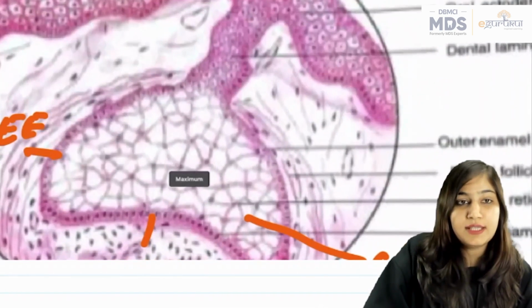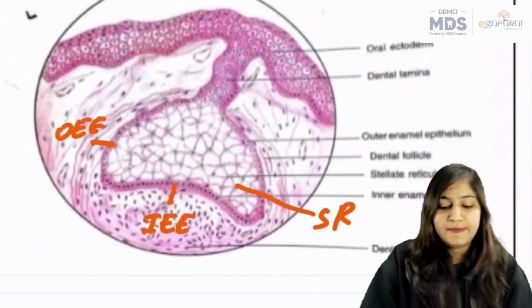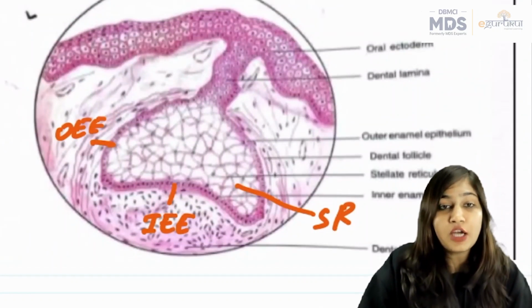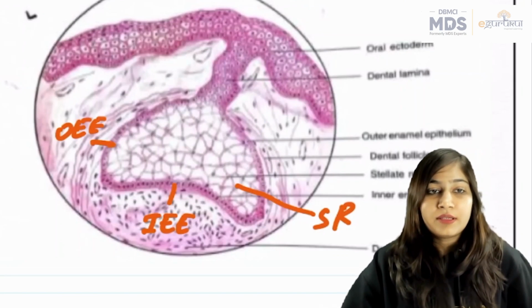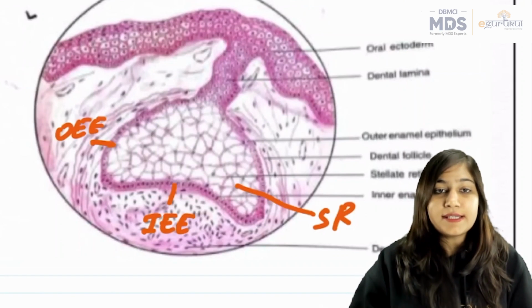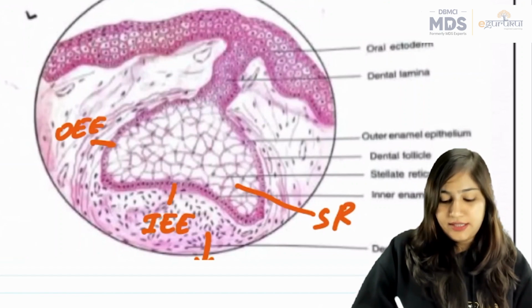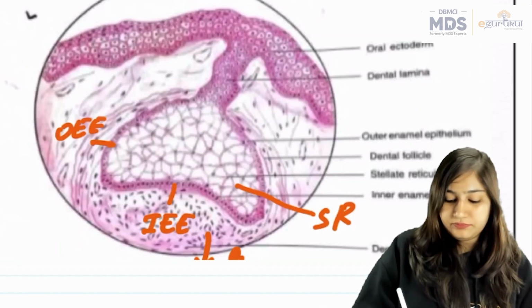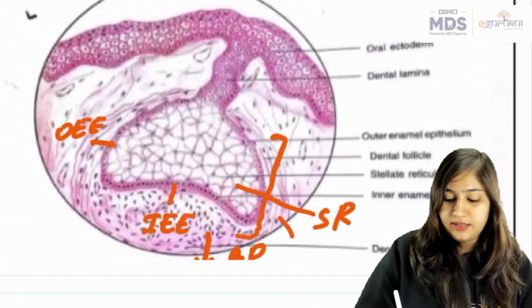Star-shaped cells you can see, these are stellate reticulum. And the area of condensation just adjacent to the enamel organ is dental papilla. This is dental papilla. And this portion is dental sac.